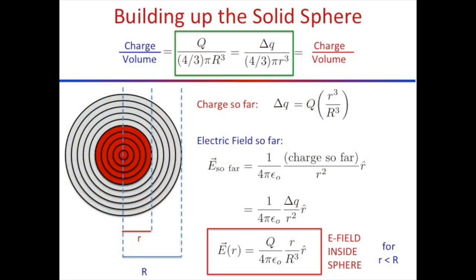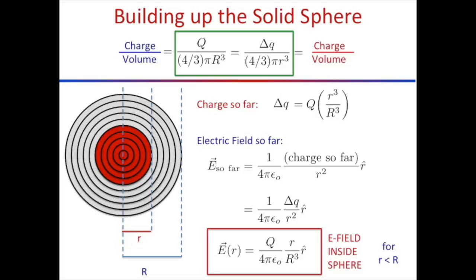And so then the electric field so far, well, from outside of the red spheres, at this observation point little r, the electric field so far just depends on how much charge I have so far. So I put in the equation then for outside of a sphere, which is 1 over 4 pi epsilon naught, I need the charge so far divided by r squared.